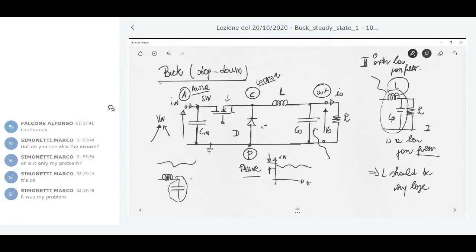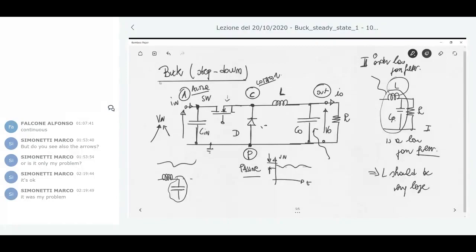The active node is one side of the switch transistor. The common node is the node which is common between the two switches, transistor and diode. And the passive is the opposite node of the diode.